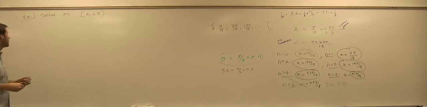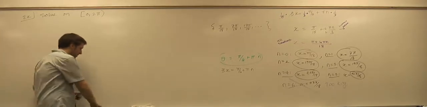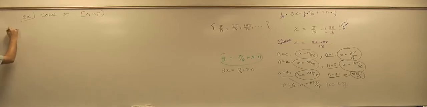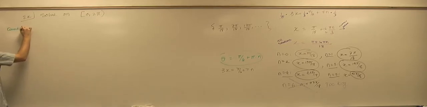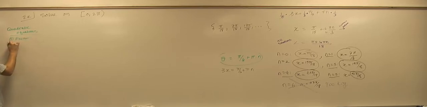Factoring. That's the method I would use most of the time if I could because it's fast. So for quadratic equations, you can factor. You can use the quadratic formula.